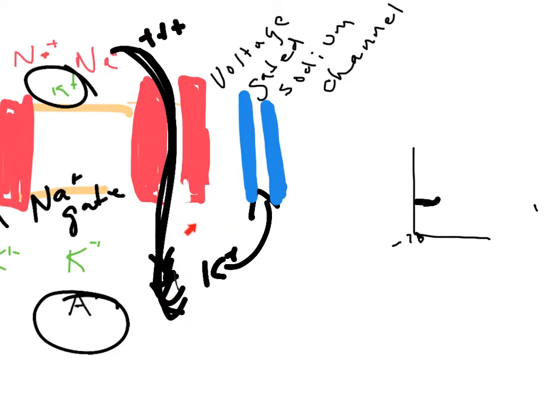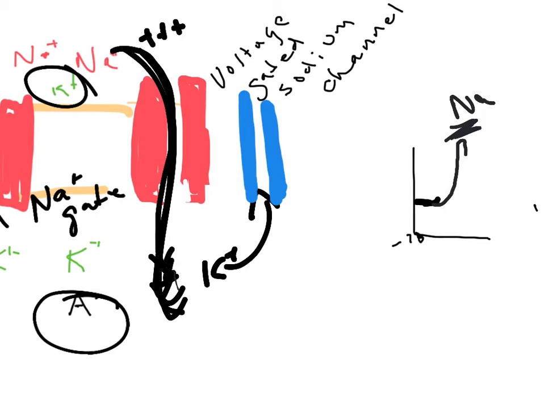The inside of the cell is becoming more positive relative to the outside of the cell, until the sodium causes the membrane potential to closely approximate the equilibrium potential for sodium, which means that the inside of the cell is actually becoming positive relative to the outside of the cell.